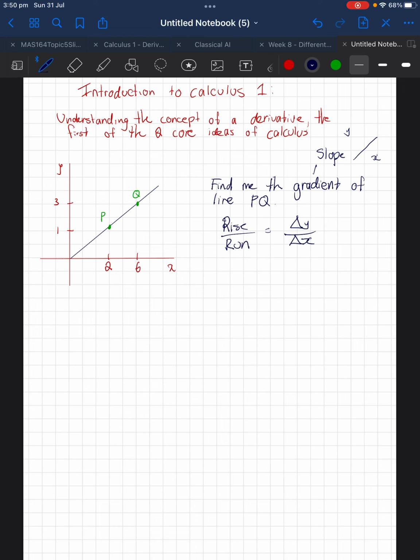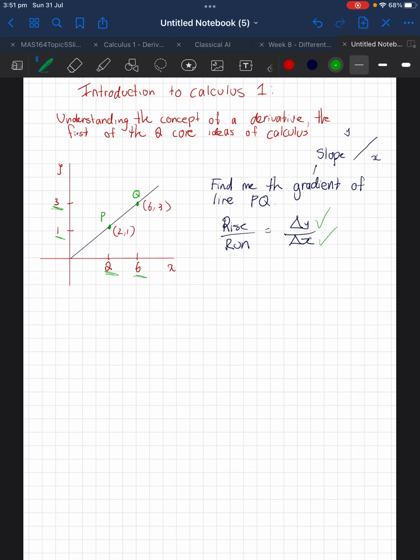So let's go back over to our set of axes. We have this P coordinate. So the x coordinate of P is 2, and the y is 1. As you can see here, x, y. Likewise, at Q, we have 6 and 3. Now, to find out the gradient or the slope of this line, we need to find the difference in y divided by the difference in x.